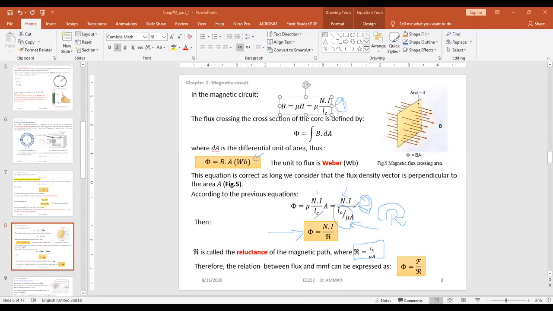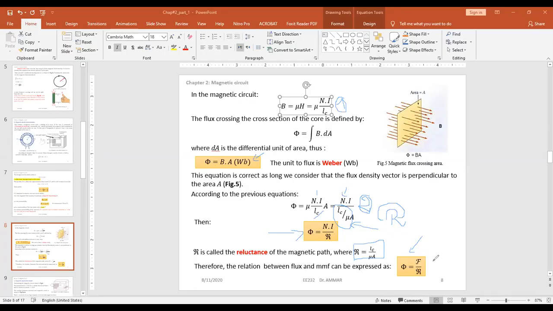We just did this equality to extract R, which is equal to Lc, the length, over mu A. Therefore, the relationship between the flux and the MMF can be expressed as: the flux equals NI over R, and NI is F. So the flux is equal to F over R.